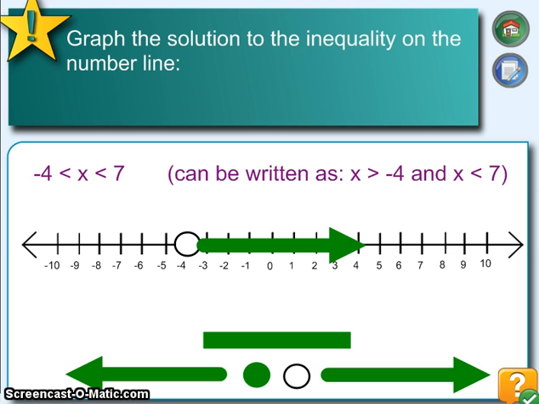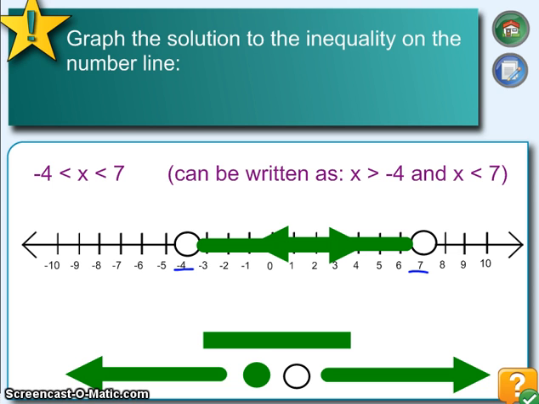For x is less than 7, we would put an open circle on the 7, and we would begin to shade to the left. What you need to recognize here is really we would not go farther than the negative 4 to the left, and we would not go farther than 7 to the right, because we only want to show the numbers that satisfy both, being larger than negative 4 and also smaller than 7.